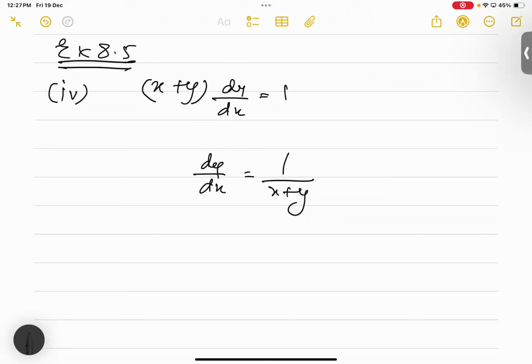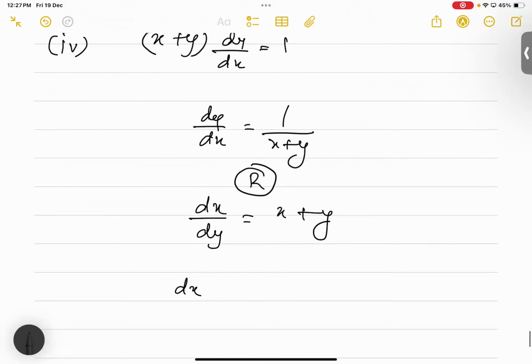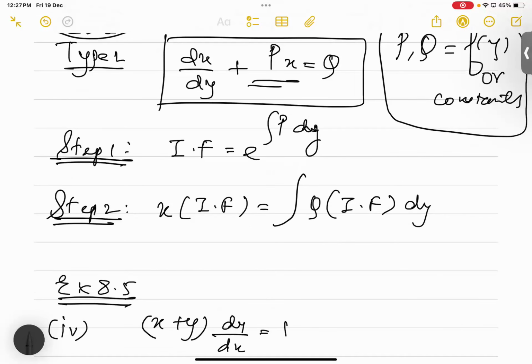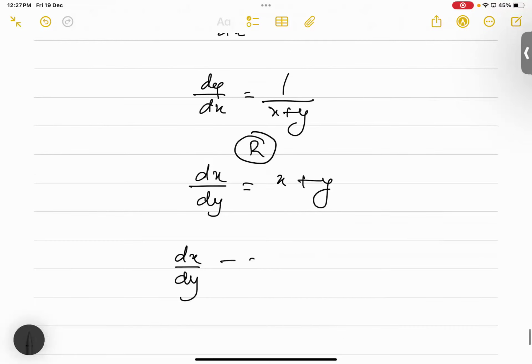Okay, now see, can we really split the right hand side? No, we cannot split. So we'll just take reciprocals. I've taken reciprocals. We require what? X term on the left hand side. So in LDE type 2, a single X term is on the left hand side.